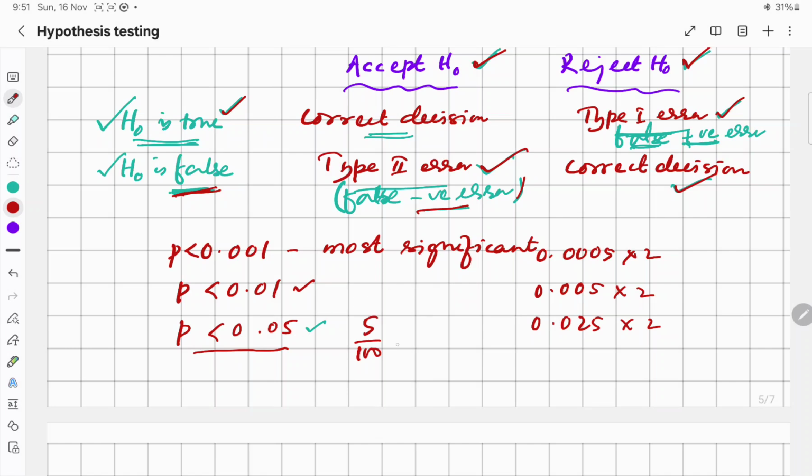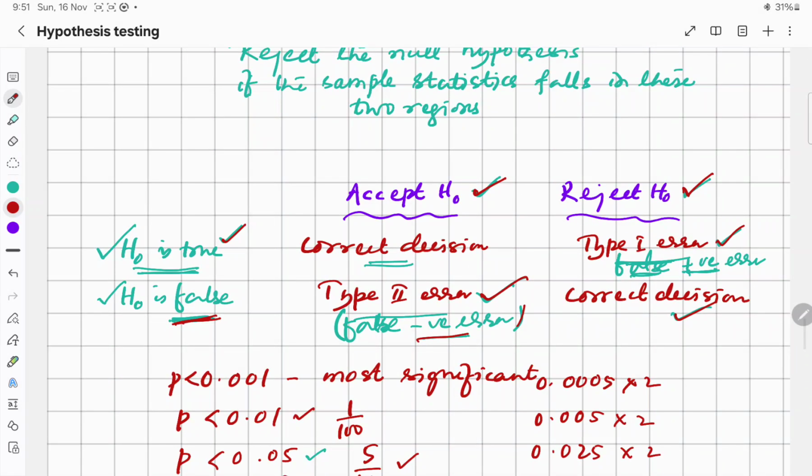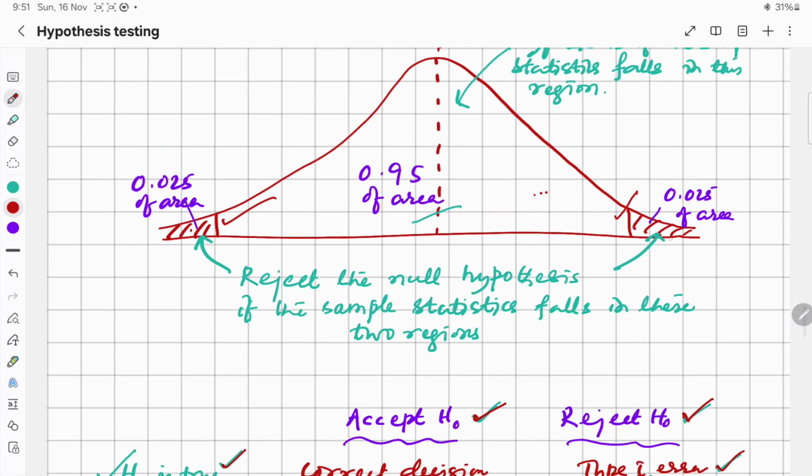In p less than 0.05, the probability is 5 by 100, whereas in p less than 0.01, it is less than 1 by 100. So when p is less than 0.01, it is more significant than p less than 0.05. And when we say p is less than 0.001, that means at each tail 0.0005, so it is still lesser.